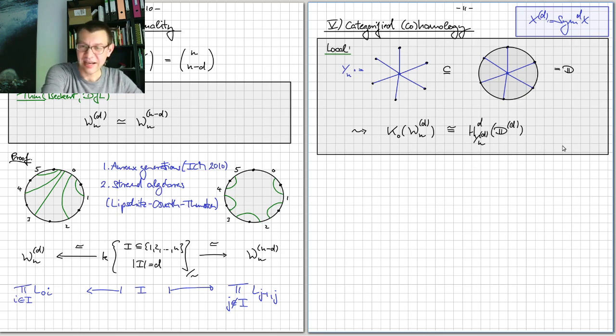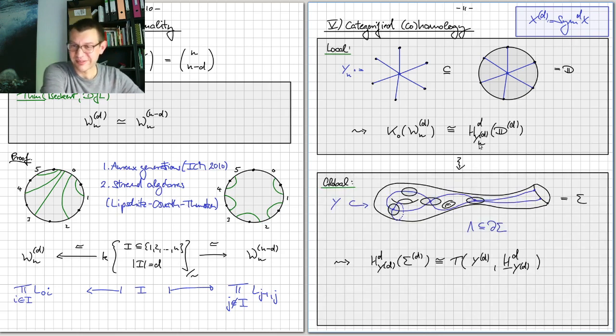And now, on the level of cohomology, there's a question: how can I use these local cohomologies as building blocks to compute some more interesting cohomology groups? One interesting cohomology group you can compute is you can look at a Riemann surface, possibly with some boundary components, some holes, and then there could also be some marked points on the boundary, which I think of in Fukaya terms as stops.